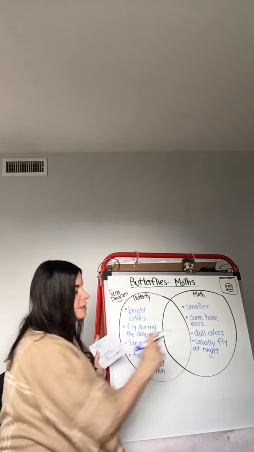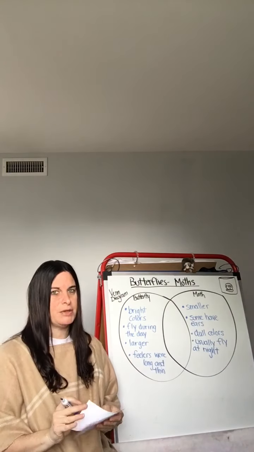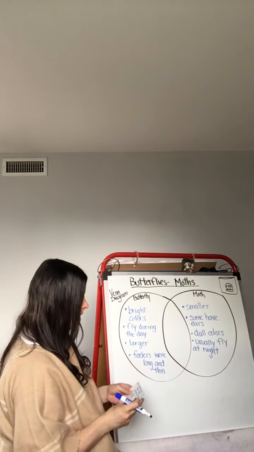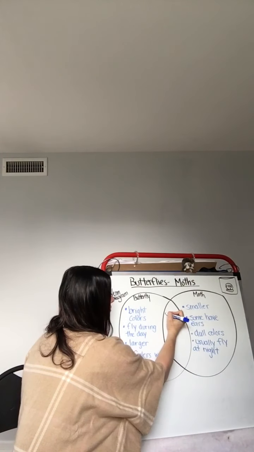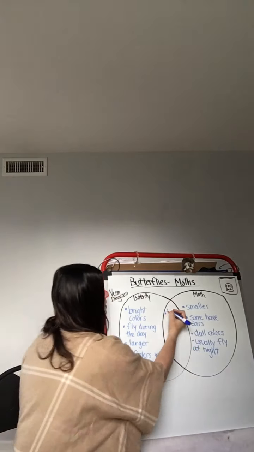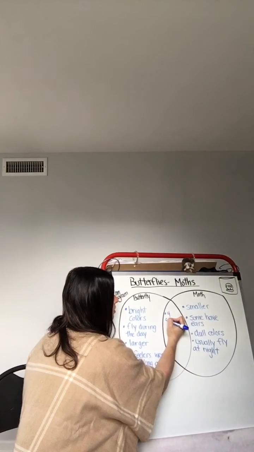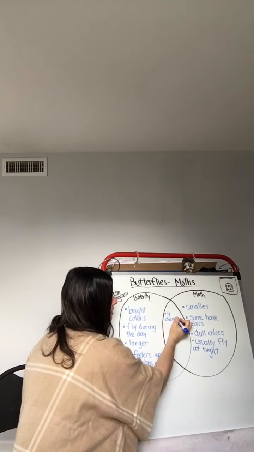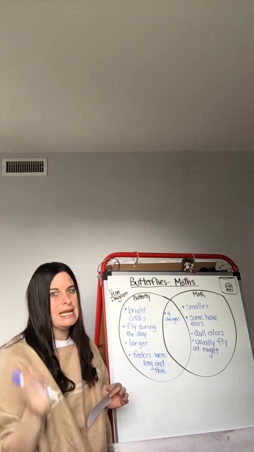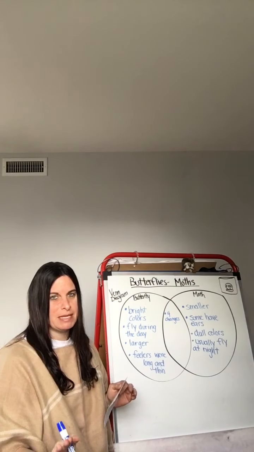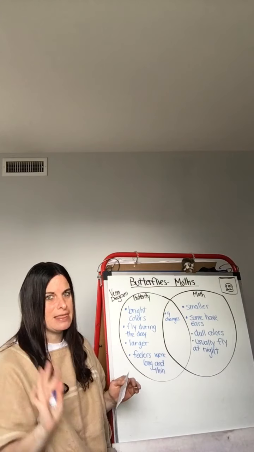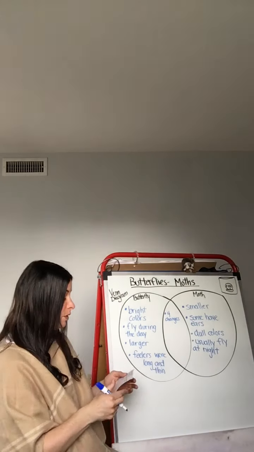All right, here in the middle, we're gonna write similarities, so things that they both have, okay? I have to write really small for this one. They both go through 4 changes, right? They start as eggs, then they're caterpillars, then they spin either their cocoon or their chrysalis, and then they become the butterfly or the moth, okay?